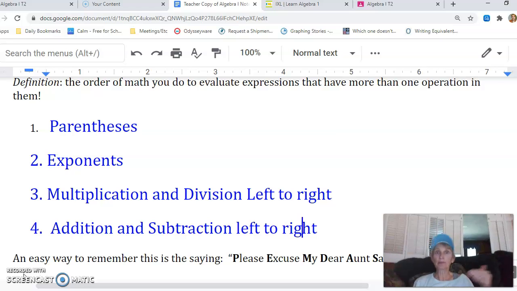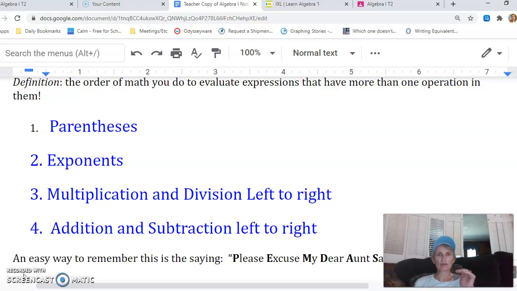Well, because PEMDAS, M before D, folks, multiplication and division are on the same level. Think about multiplying by 1/2. It's the same thing as dividing by 2. So any division could actually get rewritten as multiplication, and any subtraction could be written as adding a negative.